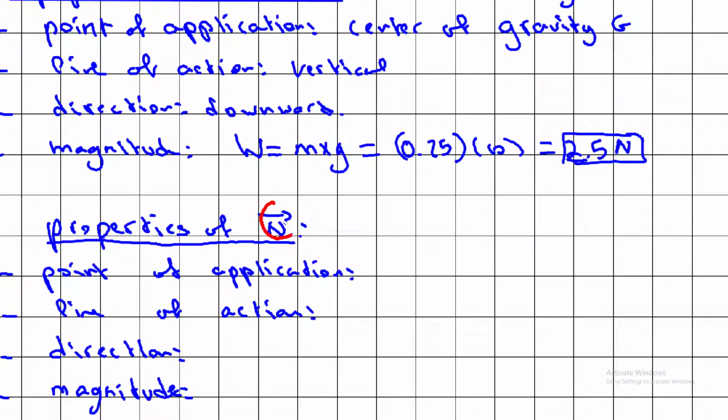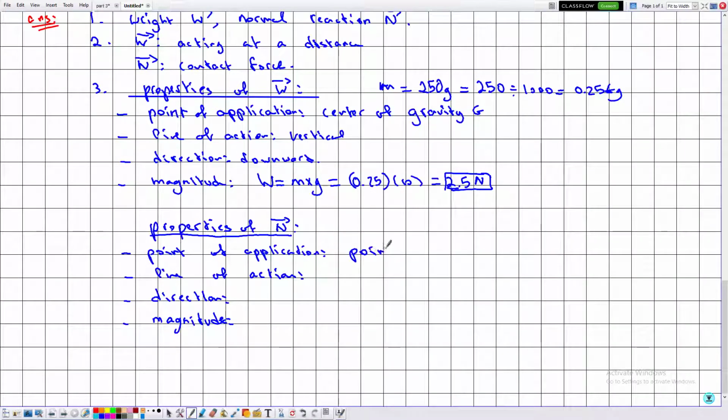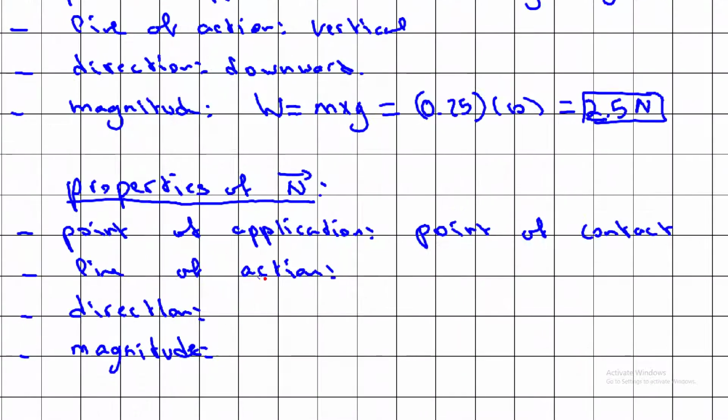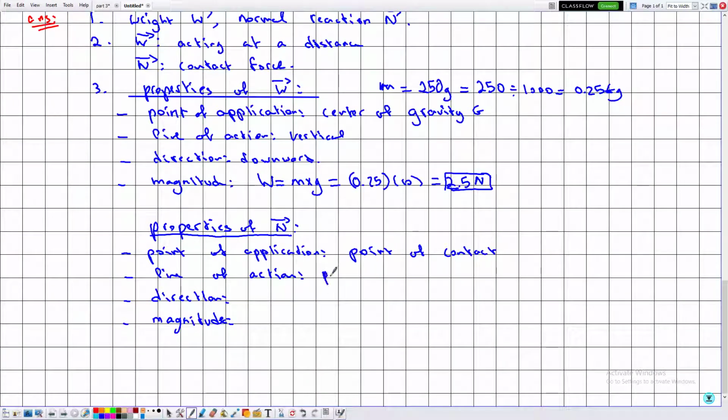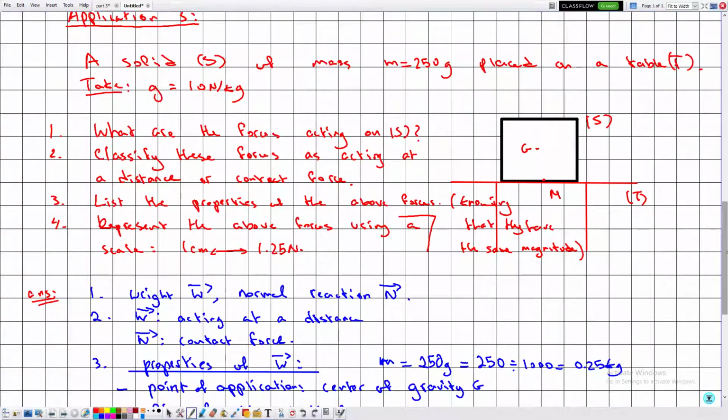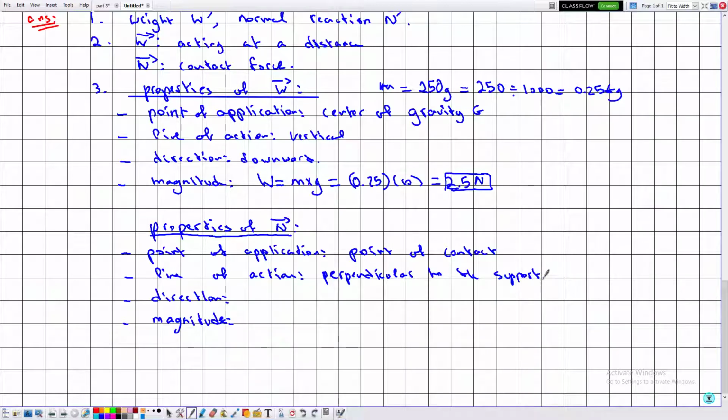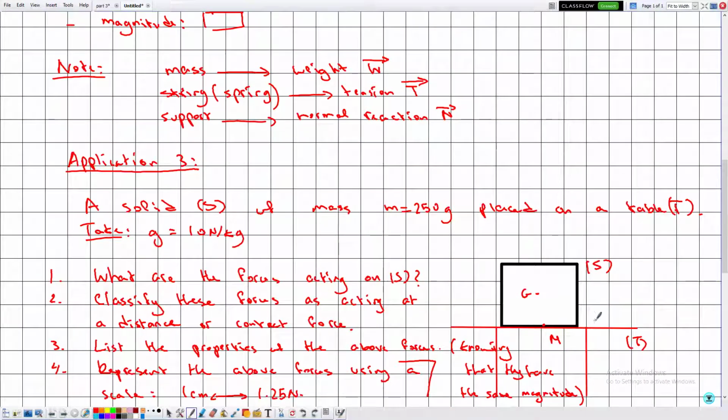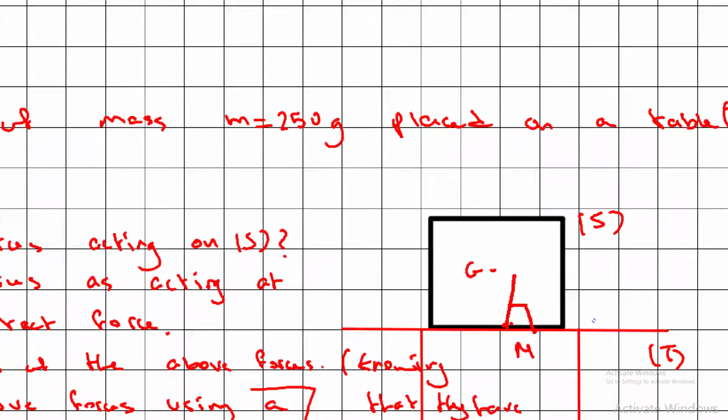Now, because N is a contact force, it will be the point of contact. And because it's a normal reaction, it will be perpendicular to the support. Now, the point of contact in this case is given by M. Perpendicular to the support, which is the vertical.